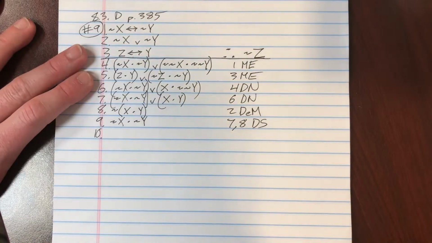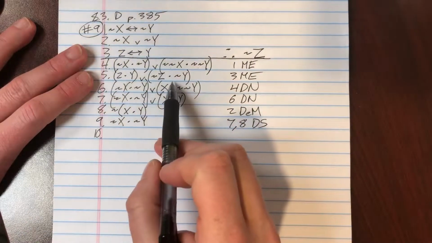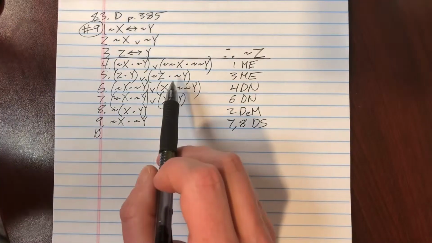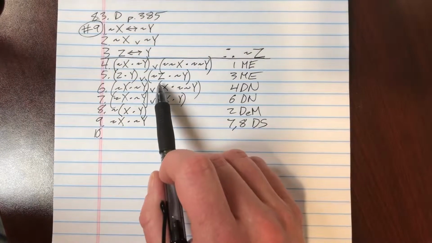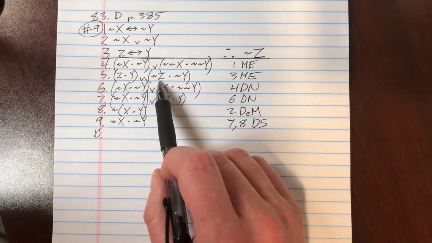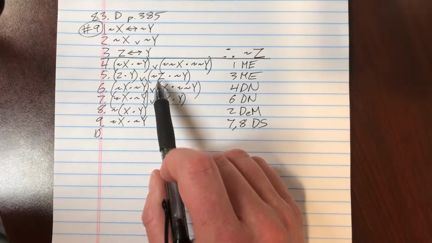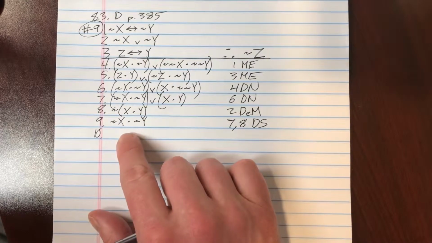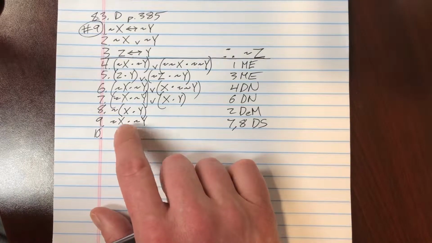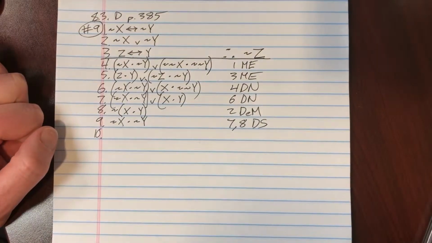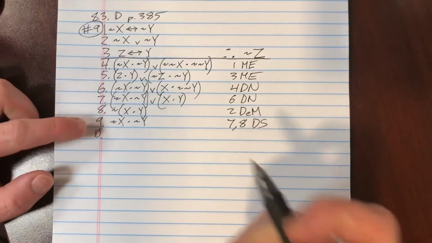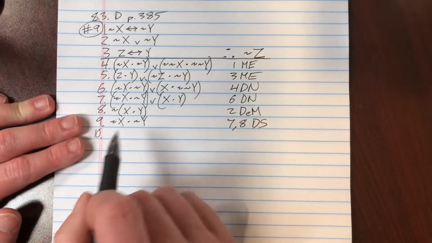Let's see. We need to get this not Z. Here's one thing we could do.